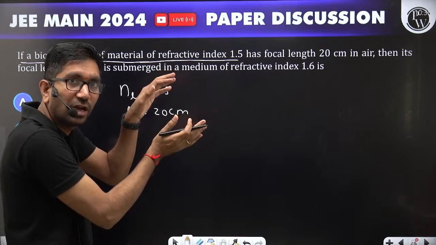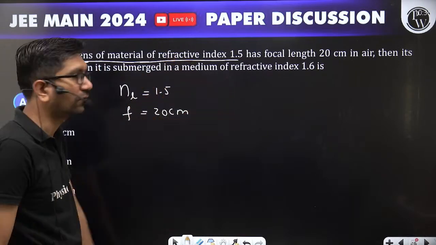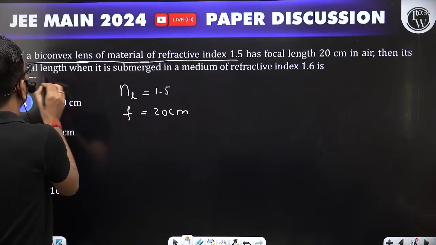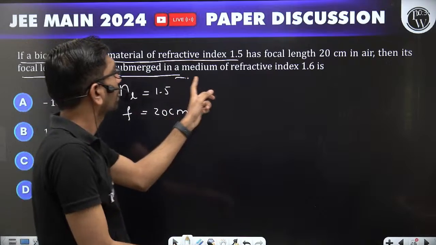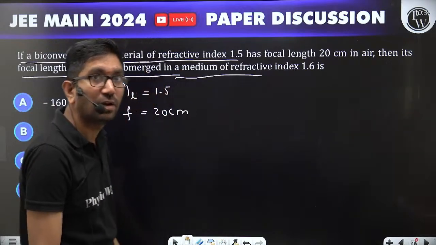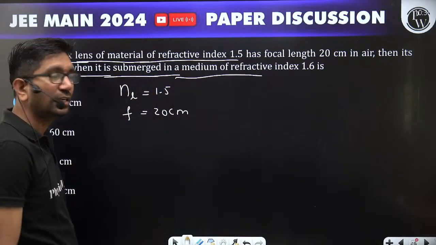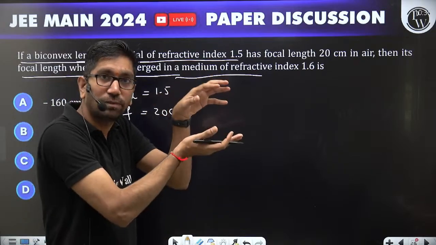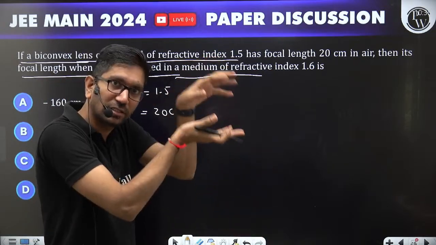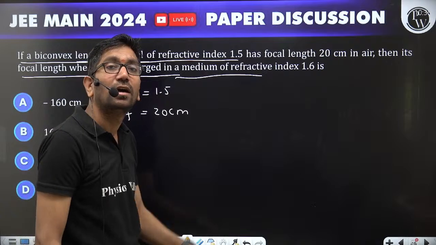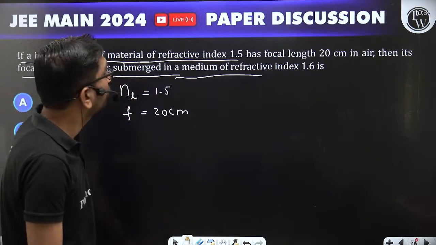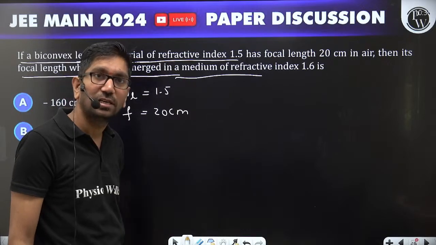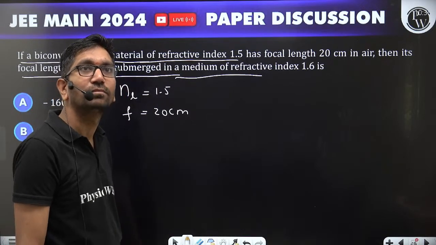First we have done this experiment in air, then find its focal length when it is submerged in a medium of refractive index 1.6. Is it clear? Now this complete system is submerged in a different medium, and we have to calculate the focal length in that medium.